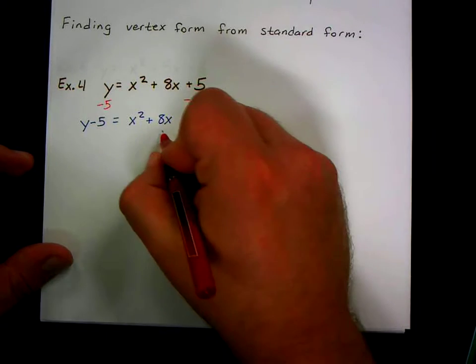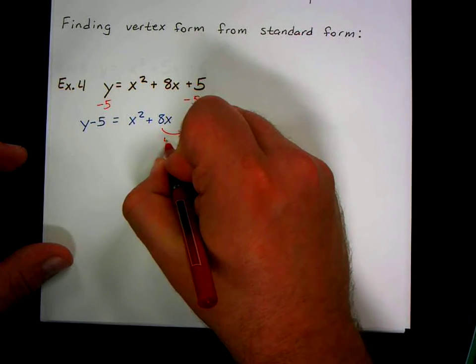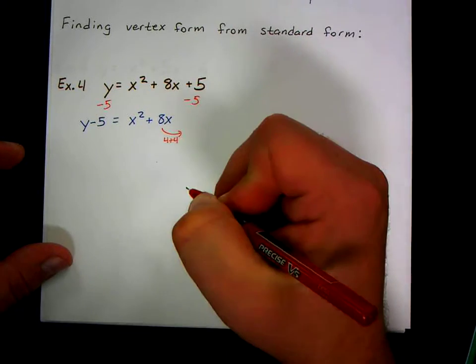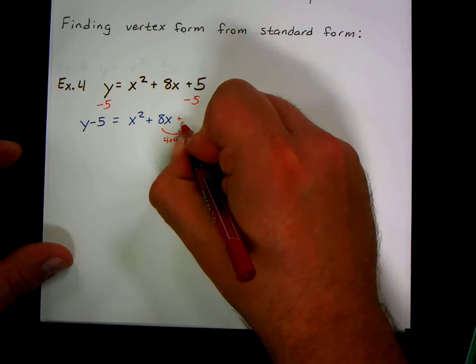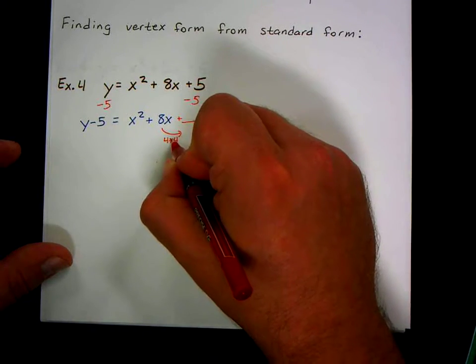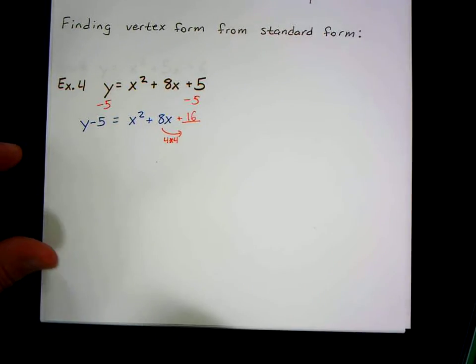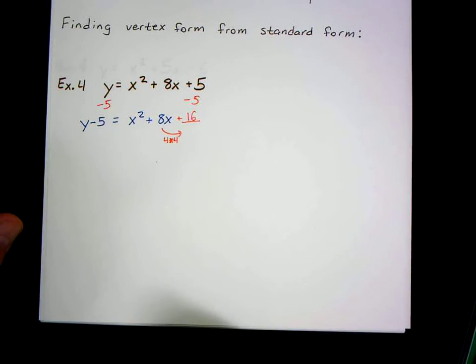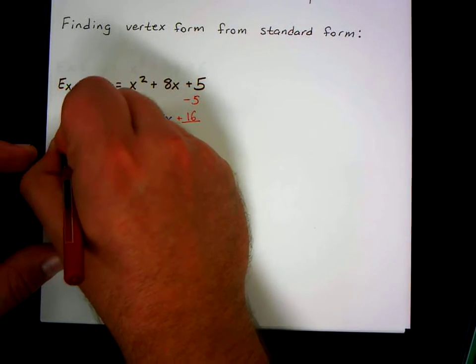Just as a review from yesterday, I split that 8 in half, so that'd be 4 and 4. Then to get the number I add on here, I multiply those two numbers together. So 4 times 4 would give me 16. Since this is an equation, if I add 16 there, I also have to add 16 over here.